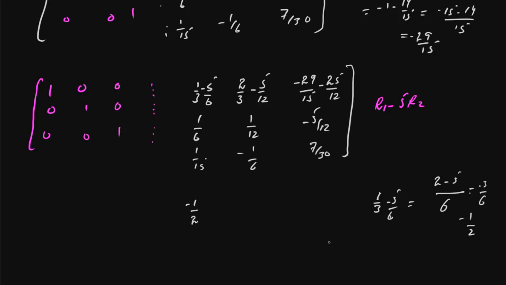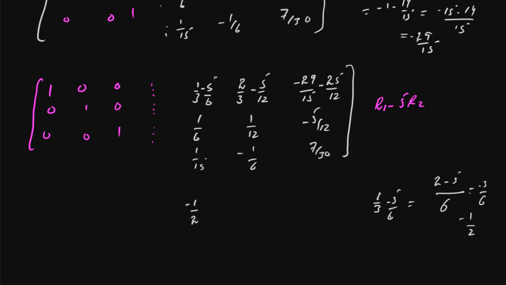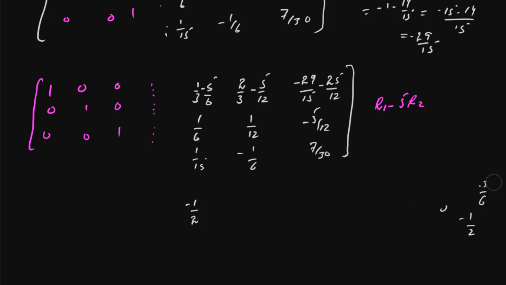Next we are going to calculate that one as well. Let me just remove that one, and now calculating 2 over 3 minus 5 over 12, we will get 12 and 8 and minus 5.